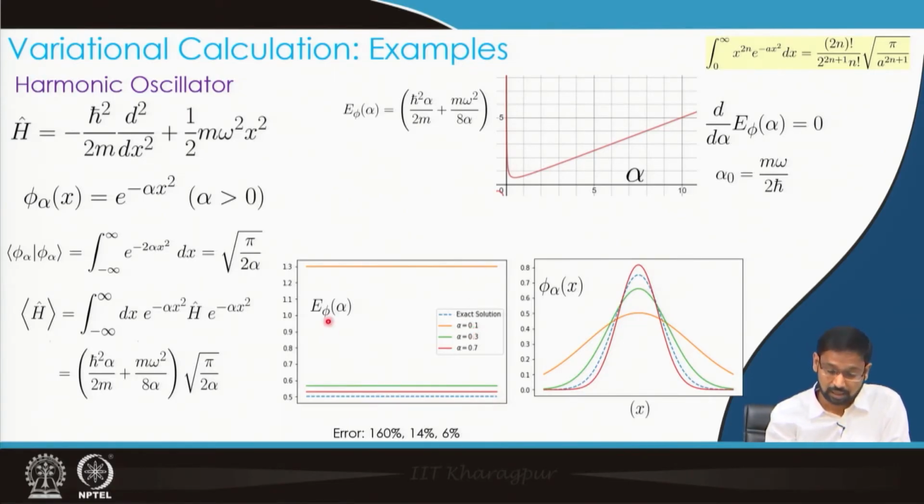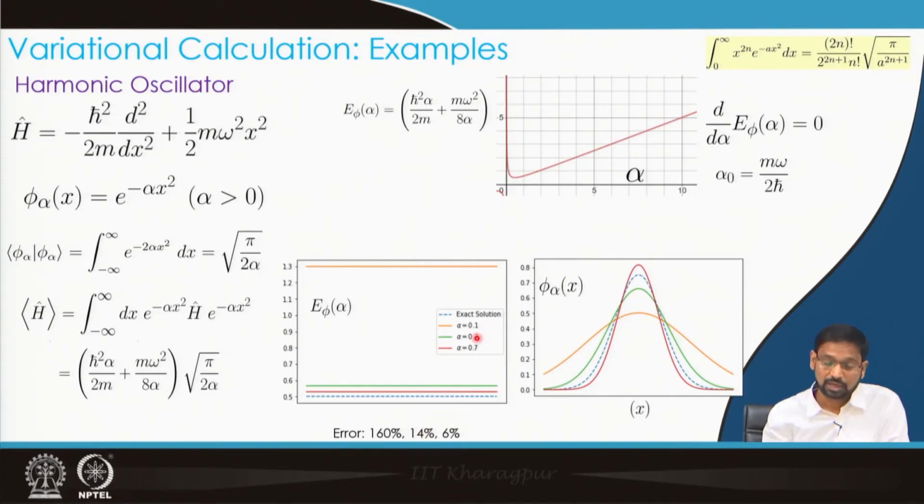Now, when I use alpha as 0.1, the energy I get is somewhere here, which is a 160% overestimation of the true energy. When I change alpha to 0.3, I very quickly come much closer to the true value of the energy, the exact solution, and the error is merely 14%.